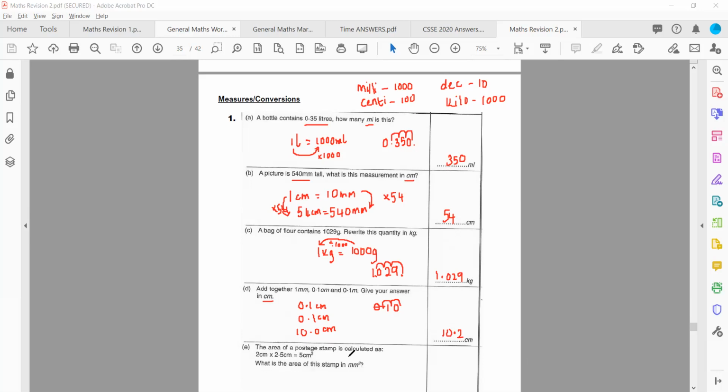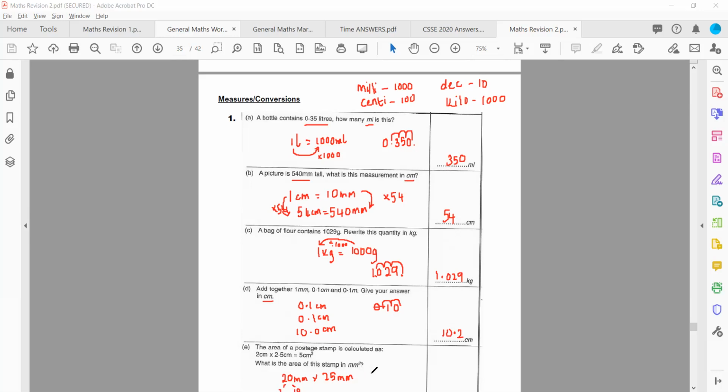The area of a postage stamp is calculated as 2 centimetres times 2.5 centimetres. Change that into millimetres. So we've got 20 millimetres times 25 millimetres. So now you're going to do 20 times 25. So I would split the 20 into 2 and 10.